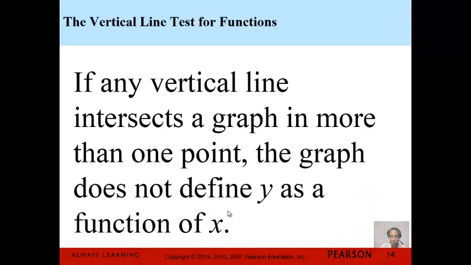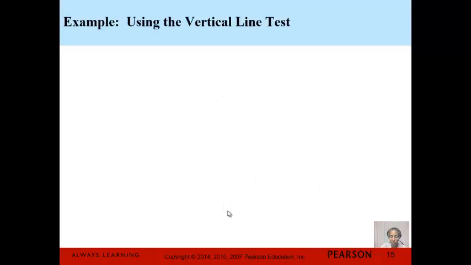So if any vertical line intersects a graph at more than one point, the graph does not define y as a function of x. And that's because you would have an x that corresponds to more than one y if the vertical line touches the graph more than once.